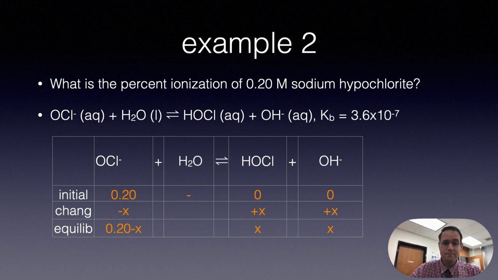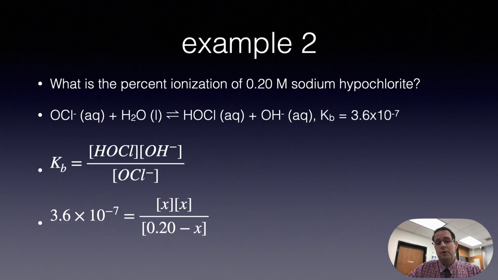Now that we have our concentrations, we need to focus on the equilibrium expression. So the equilibrium expression, as I showed you before, is going to be products over reactants. And then we plug in those values we've calculated from the ICE table. The concentrations of the two products are both x, and the concentration of the starting material is 0.20 minus x.